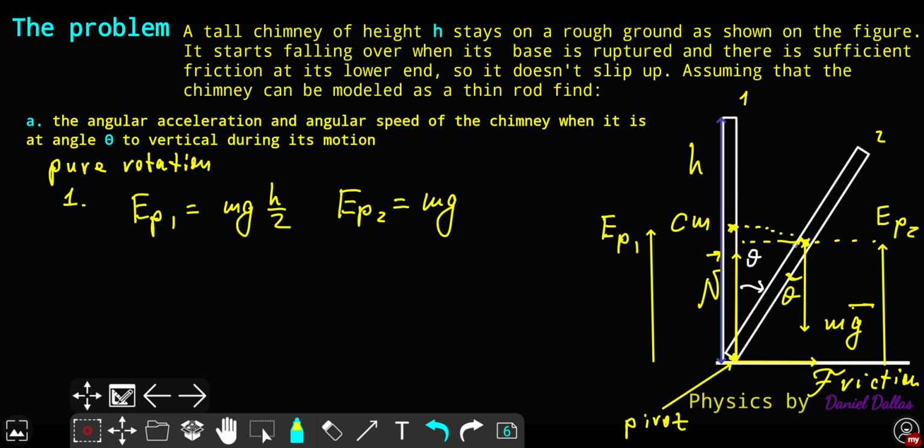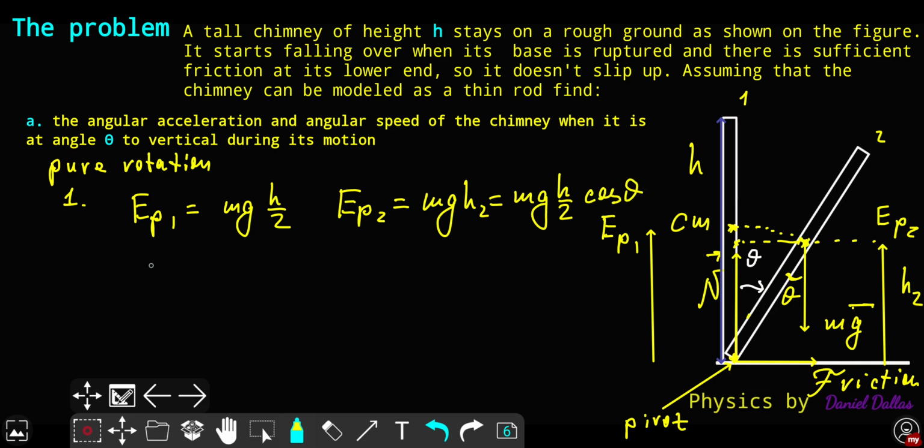So this is the height. We're going to consider this small triangle with the hypotenuse equal to h/2, and what we're going to calculate is this h2 in position 2, which is going to be the adjacent side in this triangle. So that means it's going to be mg h over 2 cos theta, okay?